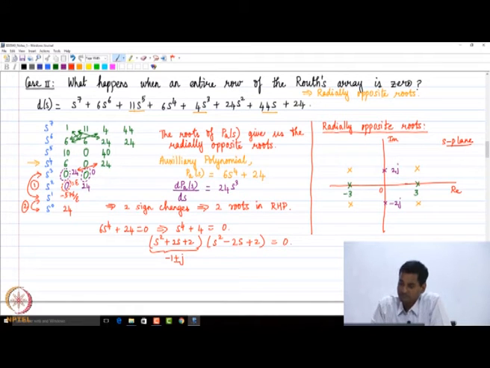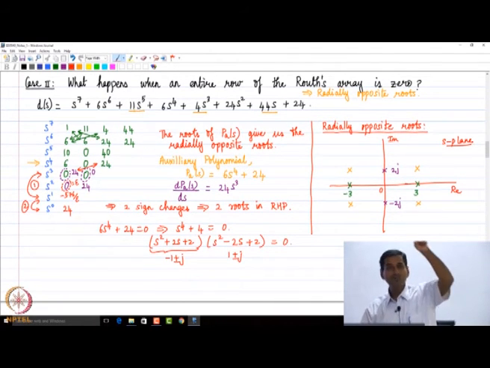-1 plus or minus j. So that's going to be 4 minus 8, you get -4. This is going to be once again 4 minus 8, but this is going to be +1 plus or minus j. So you see that we have 4 roots at -1 plus or minus j and 1 plus or minus j, which form a radially opposite set.